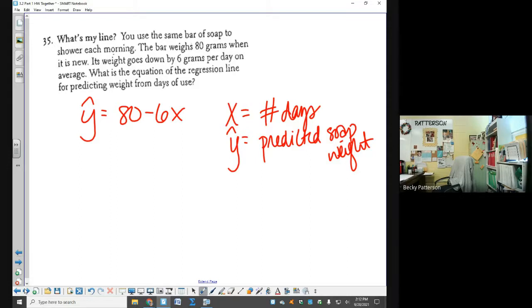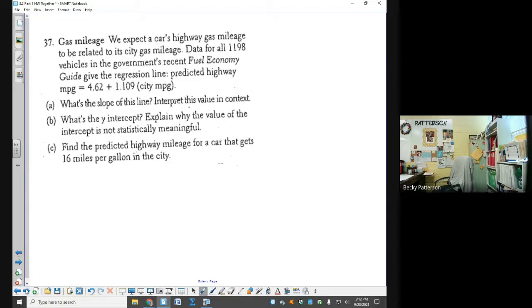Everybody good? Boom. 37. We expect a car's highway gas mileage to be related to its city gas mileage. Data for all vehicles. Oh, they gave us the regression line. Predicted highway MPG equals, so they didn't use variables, so this is their y hat, and this is their x.